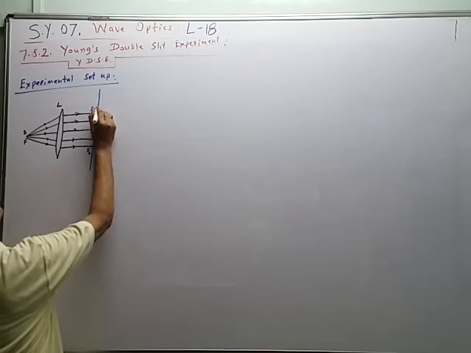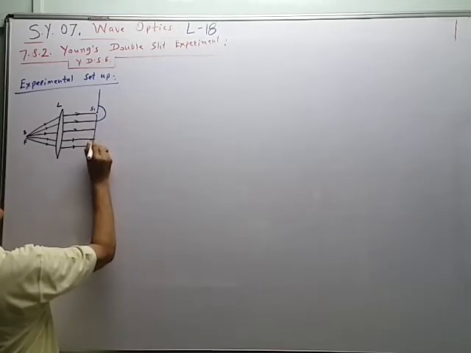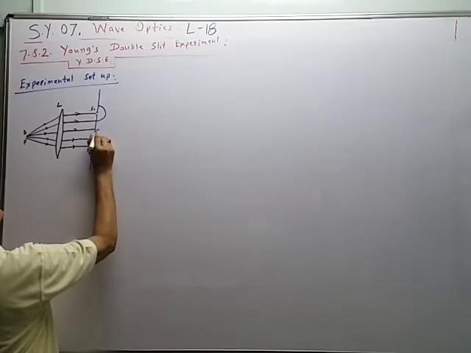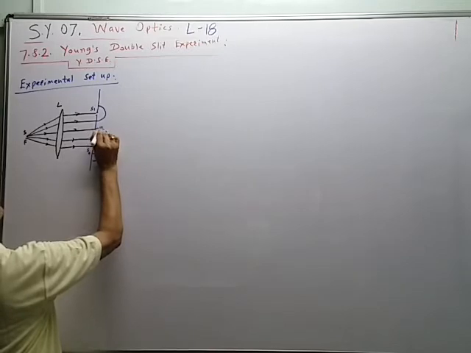This is the position of, say, trough. So this is the circle of crest. This is the circle of crest. Then circle of trough. Circle of trough.